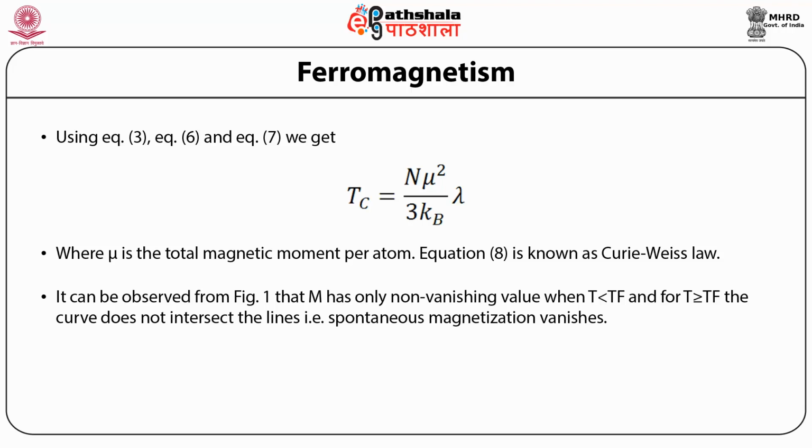For T greater than or equal to T_C, the curve does not intersect the line, so the spontaneous magnetization vanishes. This figure 1 is very important as far as the physics of spontaneous magnetization is concerned. If we want to achieve spontaneous magnetization, then T must be less than T_C. Otherwise, if T is greater than or equal to T_C, the spontaneous magnetization vanishes.